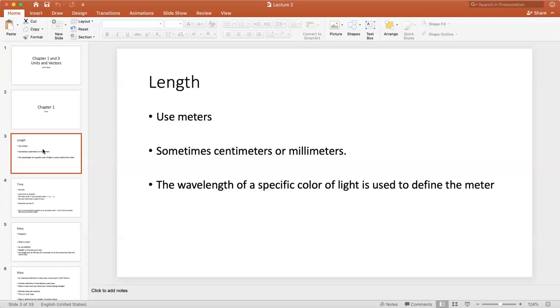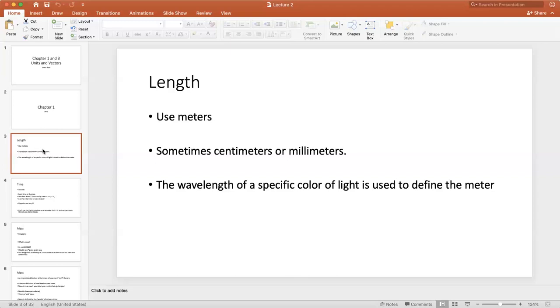There's a kind of funny story about the foot, in imperial units. It used to be that a foot was as long as a king's foot. So every time you got a new king, measurements changed. That's not helpful.